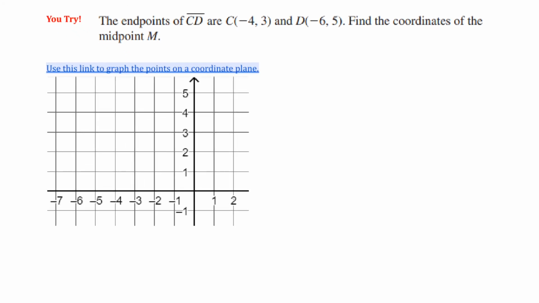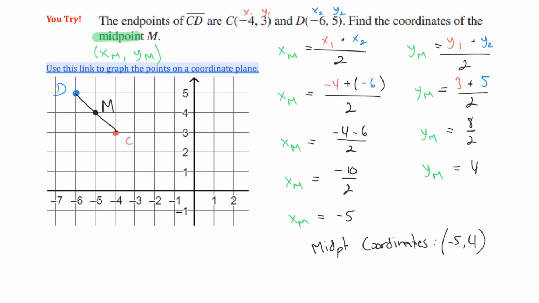Go ahead and pause the video here and see if you can give this one a try on your own. All right, go ahead and double check over your answers. Specifically, watch out for when you substituted in the negative number for x2. Make sure that you change this to become subtraction, right? Because I have different signs, addition and subtraction.